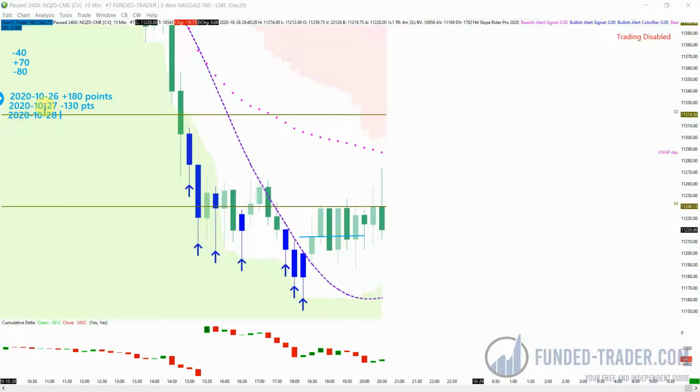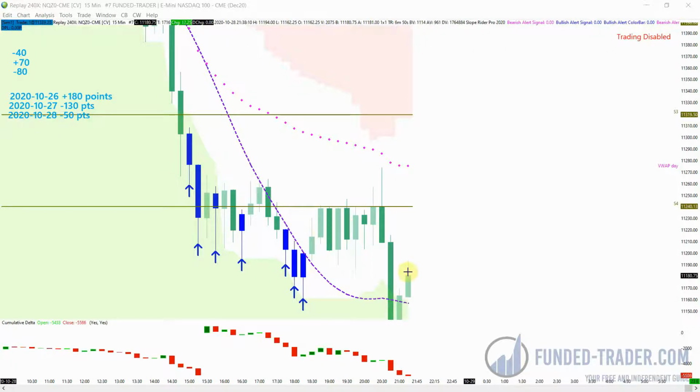So what are we here? Minus 50. So we are even for the week from the look of it. Yeah, then it crashed a bit. So the last hour of the US market is always very edgy.